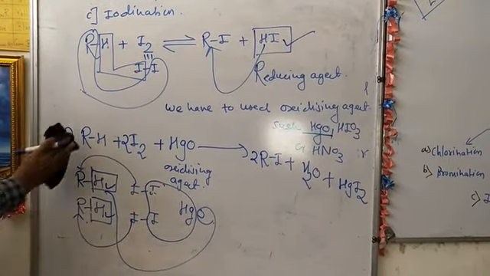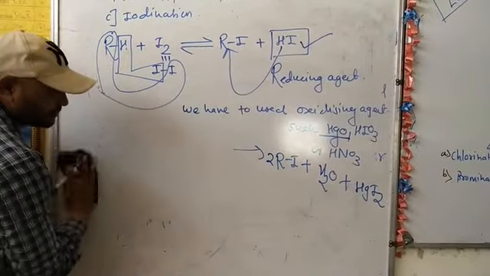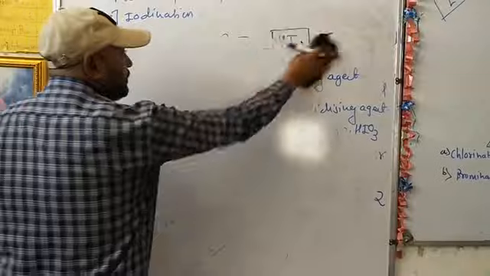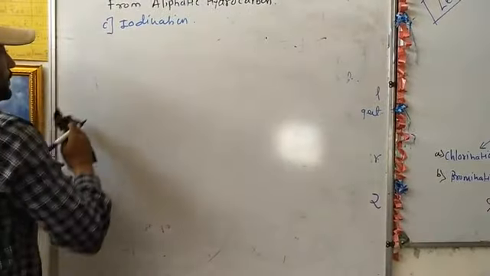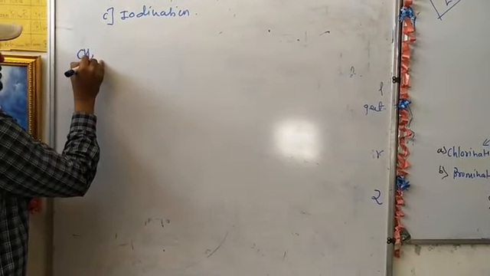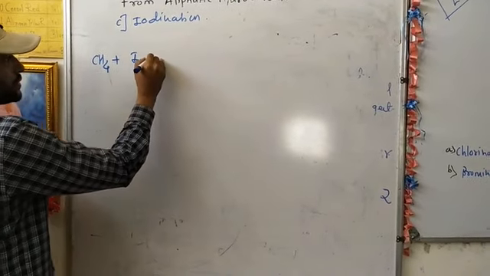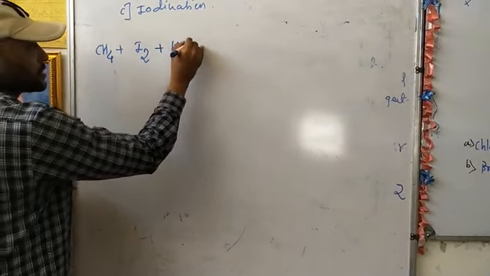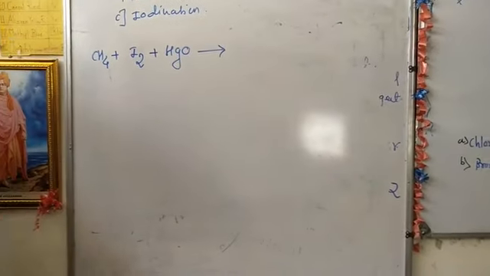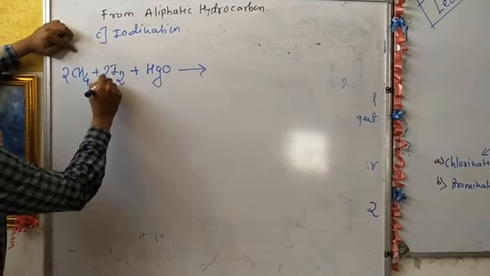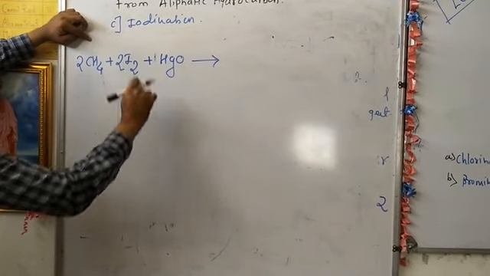Take a simple example of one kind of that. Suppose methane plus I2 plus mercury oxide. So what is the ratio of alkane? 2:2, iodine 2:2, and this is 1 mole.